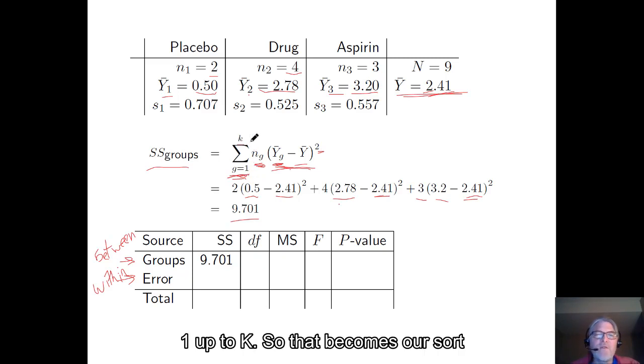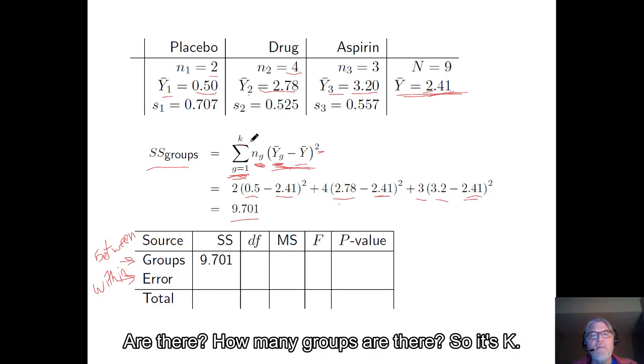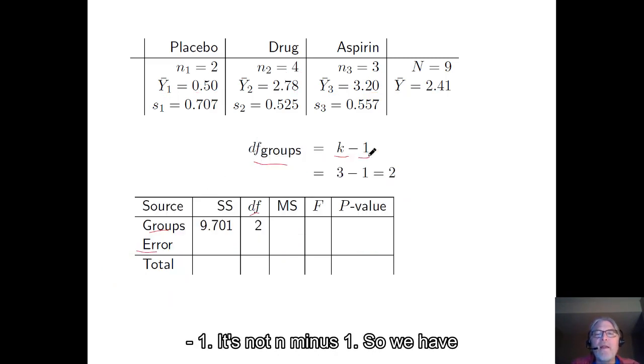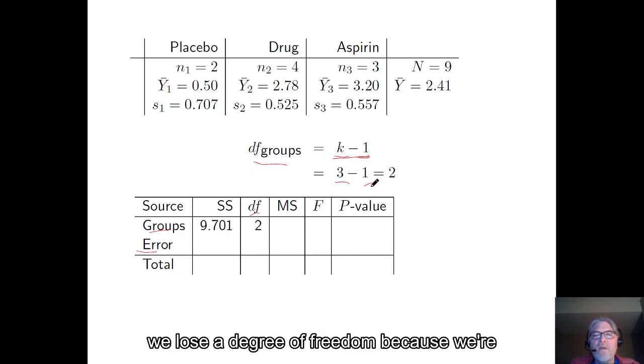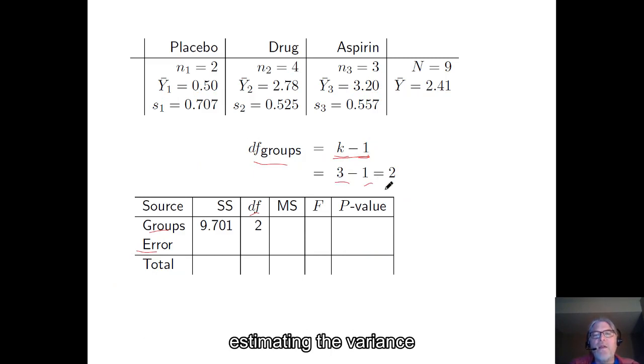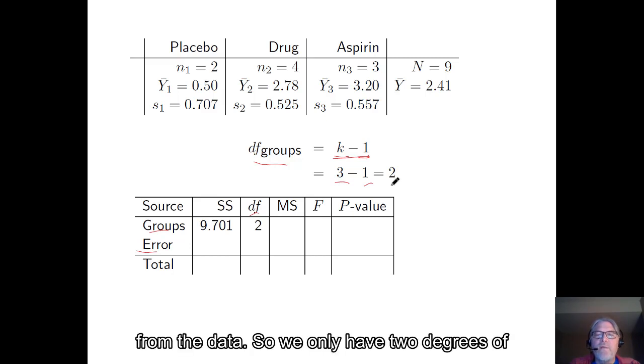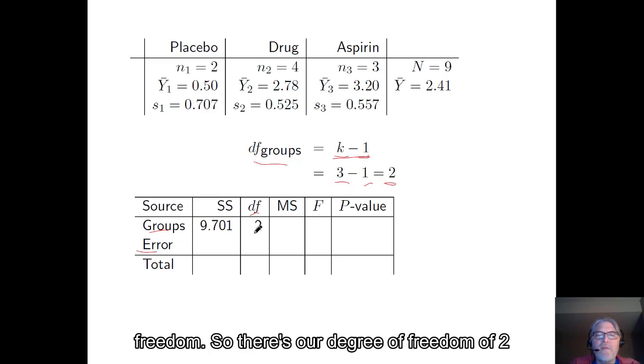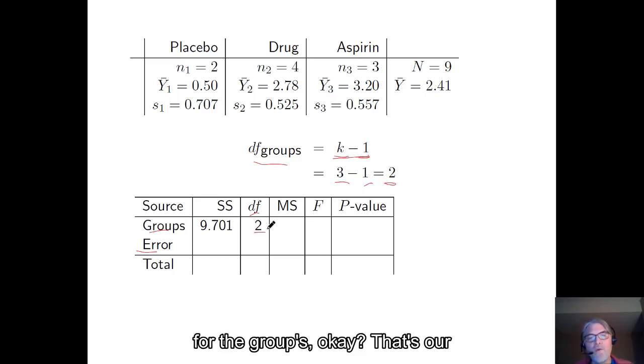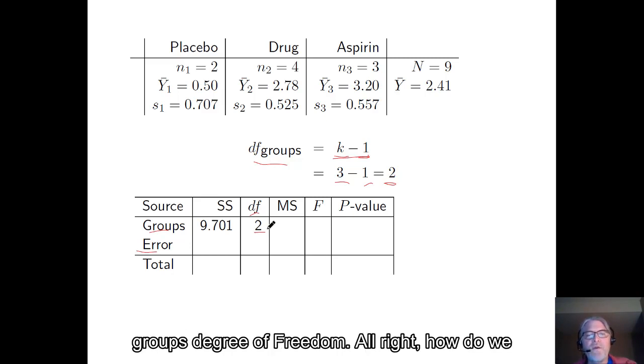So that becomes our sort of sample size in the SS groups calculation, is how many categories are there, how many groups are there. So it's k minus 1, it's not n minus 1. So we have 3 categories. We lose a degree of freedom because we're estimating the variance from the data, so we only have 2 degrees of freedom. So there's our degree of freedom of 2 for the groups. Okay, that's our group's degree of freedom.